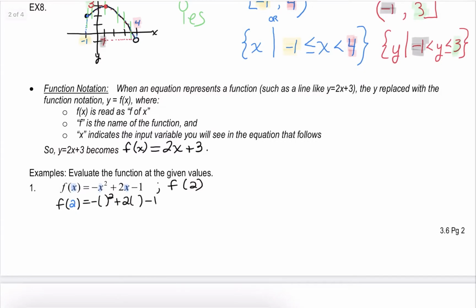So here it would look like negative 2 squared plus 2 times 2 minus 1. Remember that negative in this case was never part of that squaring. Only the square applies to the x. The x here is 2. Only the 2 is being squared. So what we're going to have is negative 2 squared is 4, plus 4 minus 1.